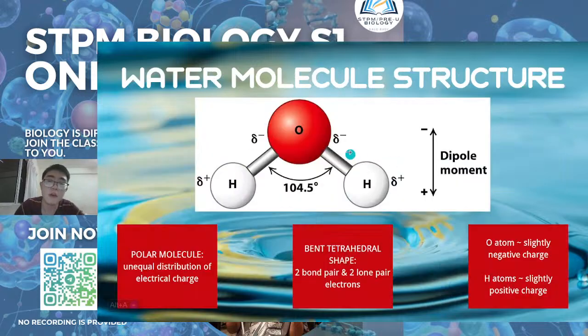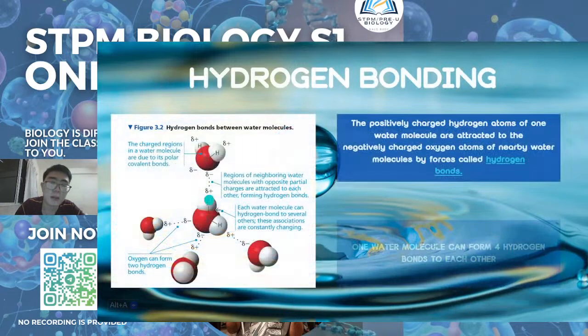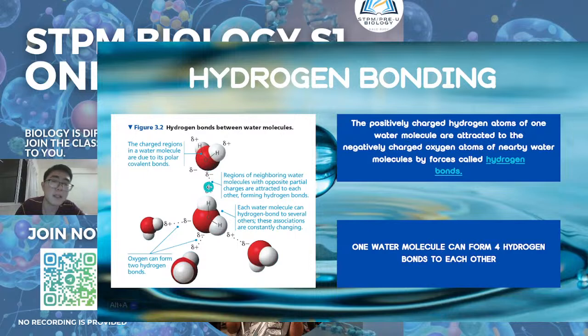Don't confuse this bonding with the covalent bonding, because hydrogen bonding is the bond between water molecules. The slightly negatively charged oxygen atom of one water molecule is attracted to the slightly positive hydrogen atom of another water molecule to form a hydrogen bond. This is the definition of hydrogen bonding.